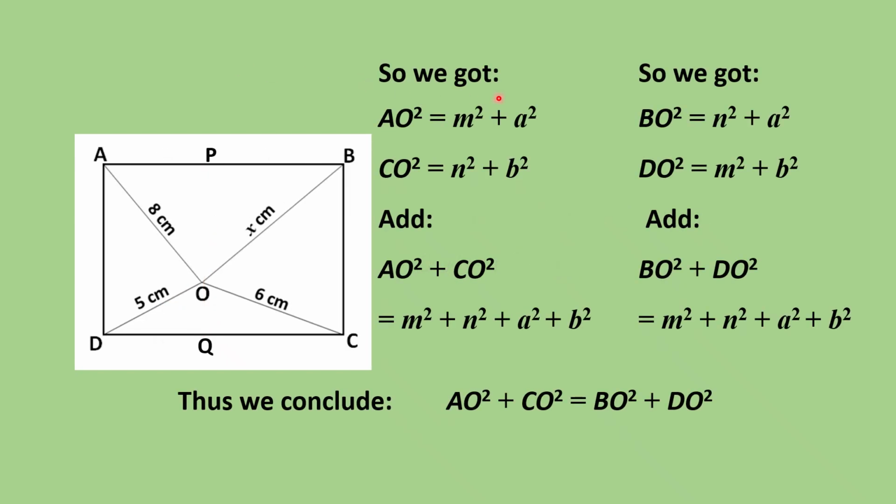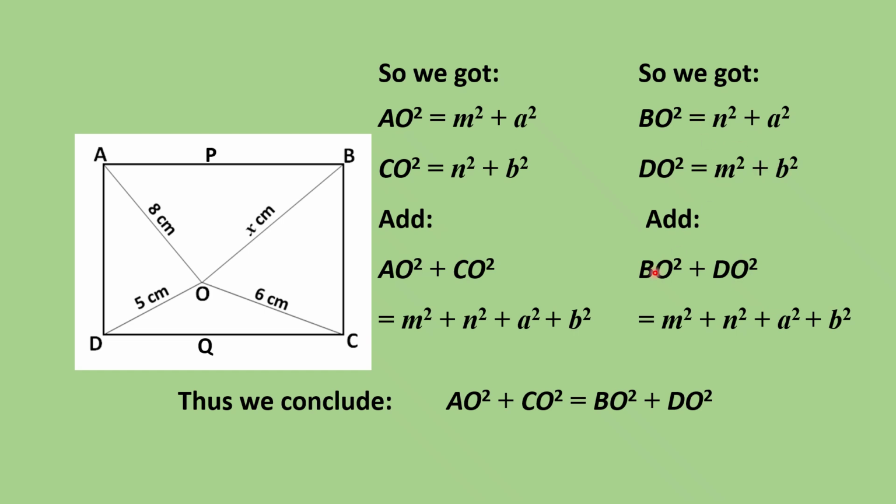So let us write down what we have got. We have got AO square equal to m square plus a square, CO square equal to n square plus b square. When we add, we get AO square plus CO square equal to m square plus n square plus a square plus b square. And we also got BO square equal to n square plus a square and DO square equal to m square plus b square.